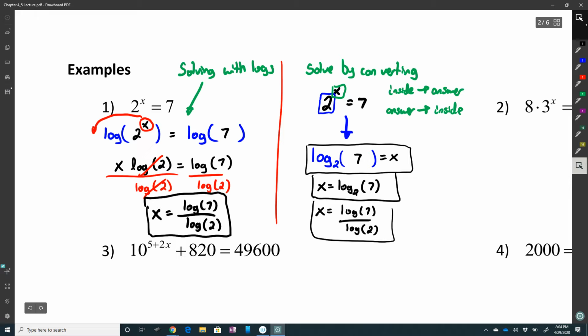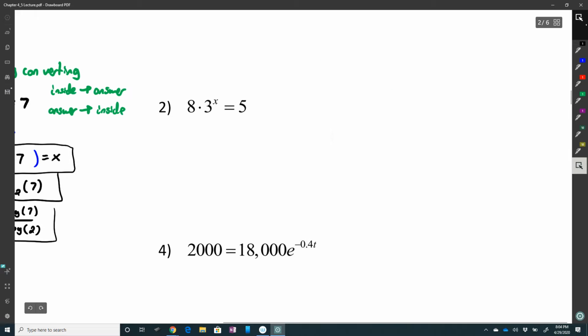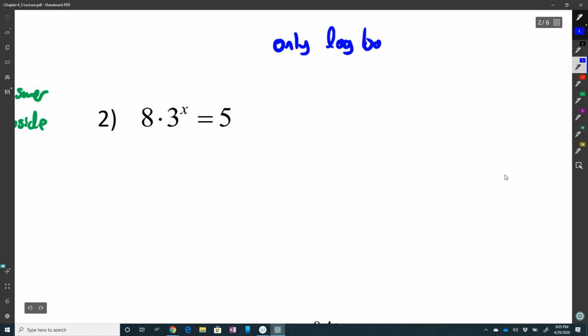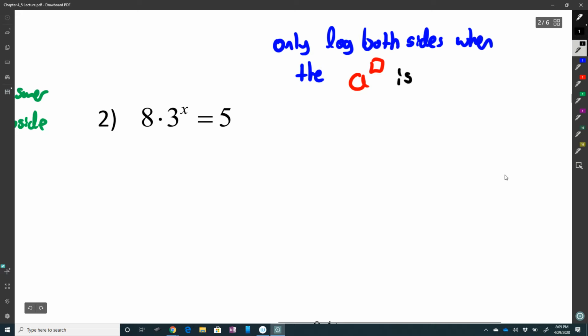All right, so that's the first one. Let's go to some that are a little more complicated. The second part tells us that there's a certain time in the equation when we log. So only log both sides when the exponential term, where a to the n is by itself.